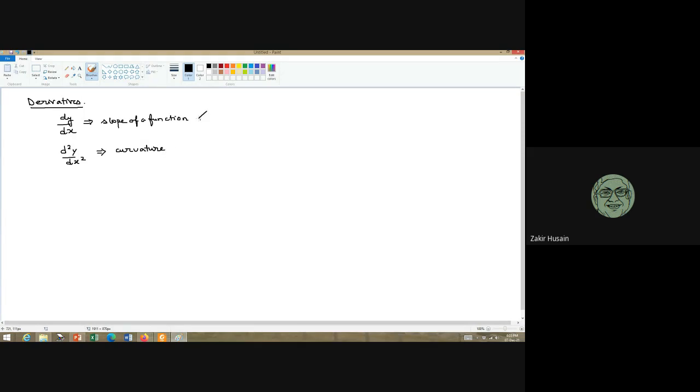The slope can be positive or negative. The curvature can be convex or it can be concave. So this will be negative and this is positive. Okay.